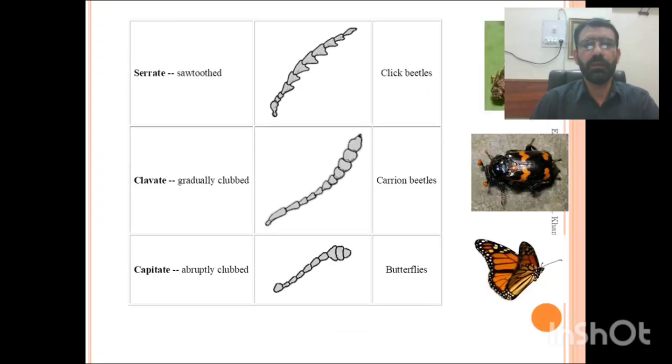Then the antenna of the click beetle looks like a sawtooth and is known as serrate. Then the carrion beetle has a gradually clubbed antenna, known as clavate. Then in butterflies, the antenna is abruptly clubbed at the tip, called capitate, and it looks like a cap at the terminal part of the antenna.